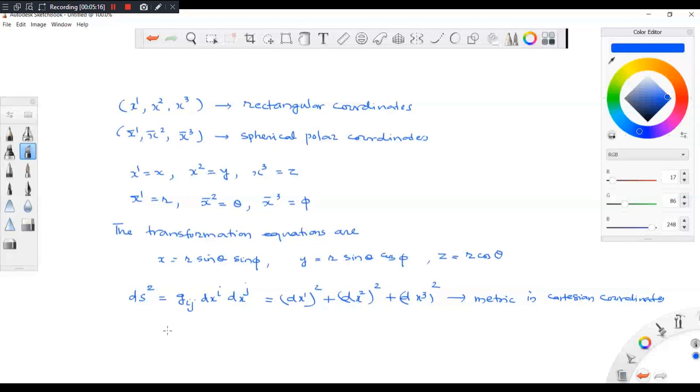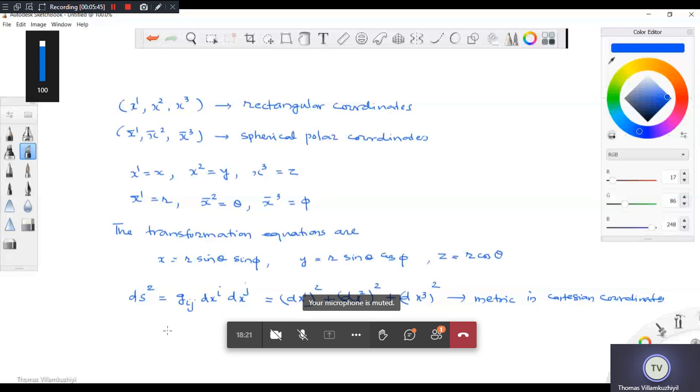Now you take the metric in spherical polar coordinates. So that I write ds square, distance should be same. ds square is equal to g bar ij dx bar i dx bar j.